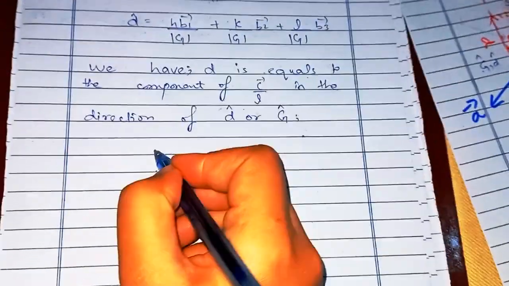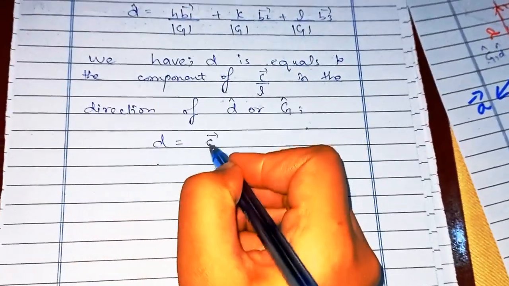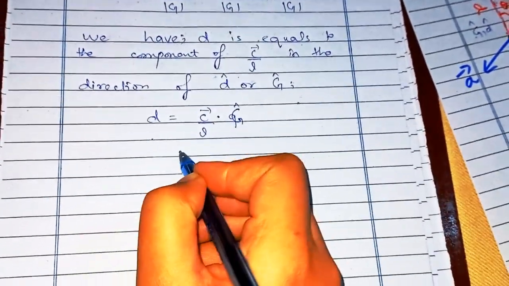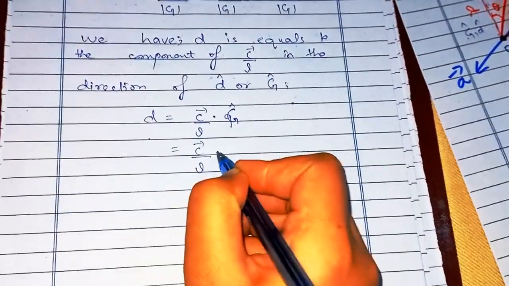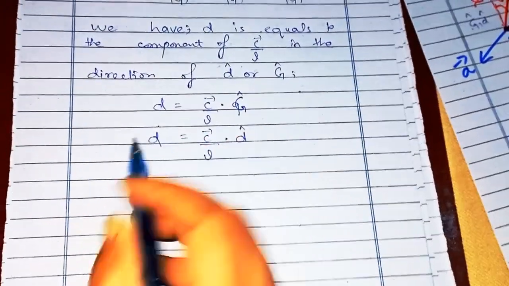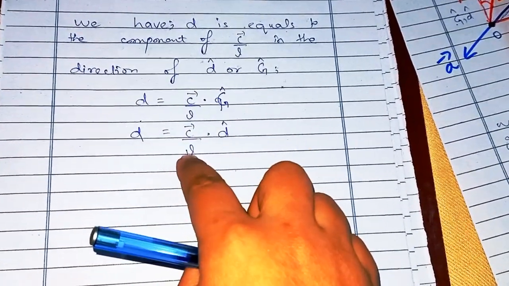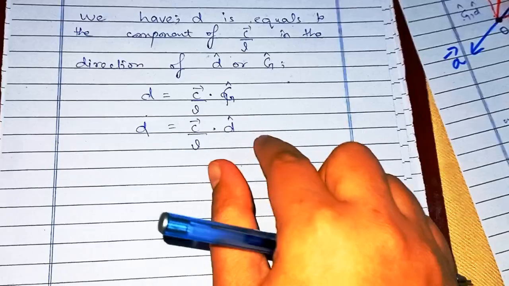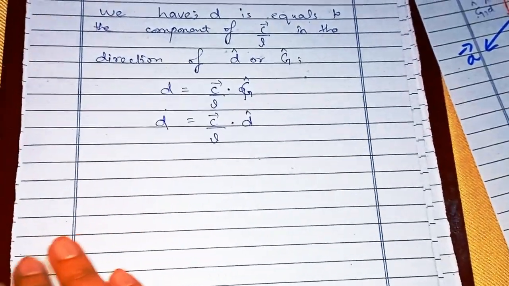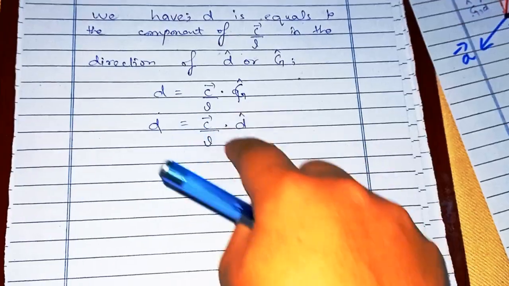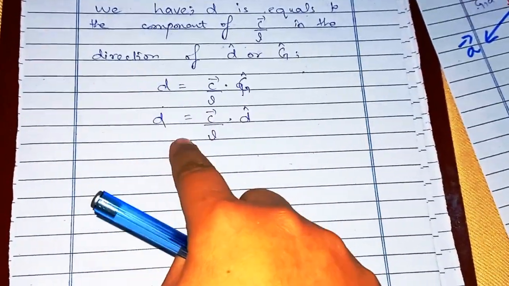Alright, so we can write D to be equal to C by L dot G unit vector, or you can write it as C by L dot D unit vector. This is another way to say it, like the component of C by L in the direction of D hat. If you want to find out the component of a vector in a particular direction, just find out the dot product of that vector with that direction and you will get the component.